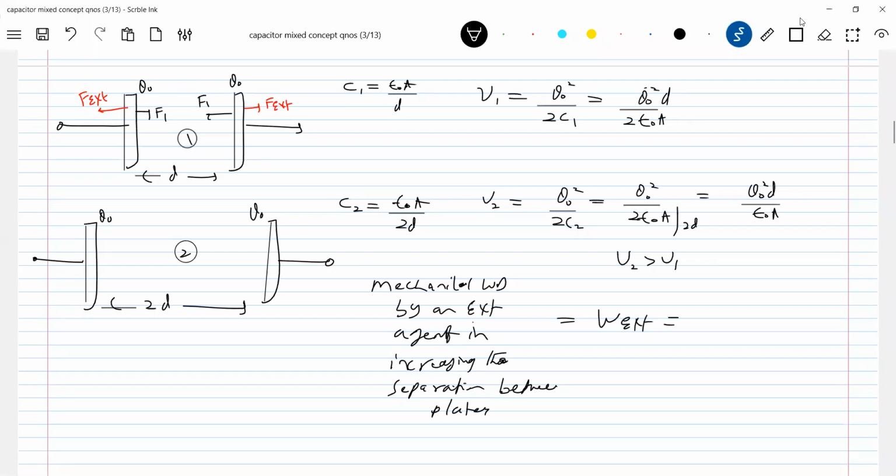Tell me where it should go. It will get converted into an increase in potential energy of the capacitor. Increase in potential energy of the capacitor. What energy? Electrostatic potential energy.